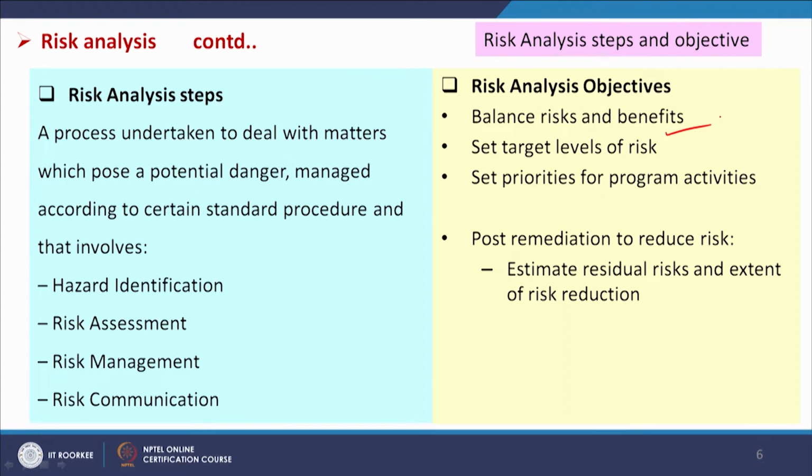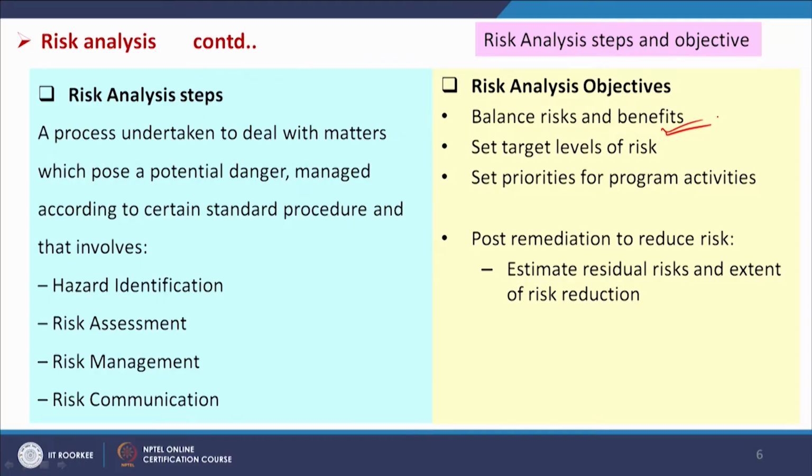Certainly, when we are taking up new initiatives, we will be getting some benefits and there will be some risk also. So, we have to consider both and take an optimum situation, so that we balance risks and benefits. That is the main objective of the risk analysis, and then set target levels of risk and then set priorities for program activities.